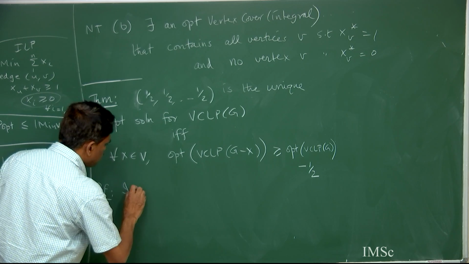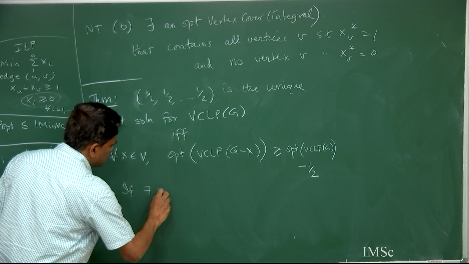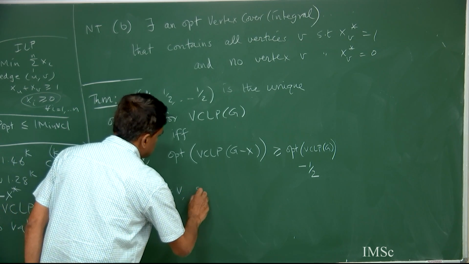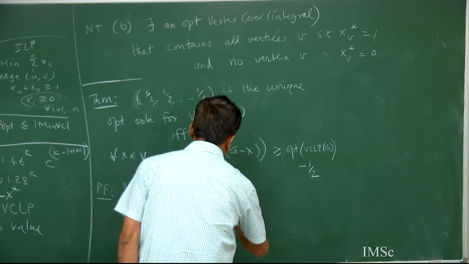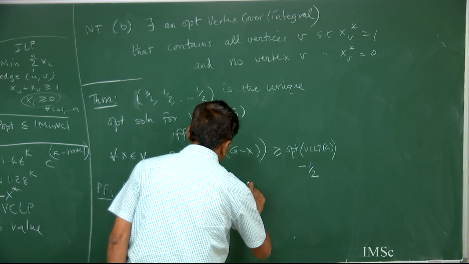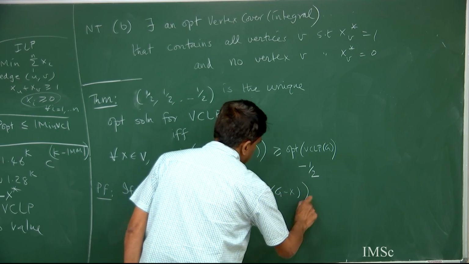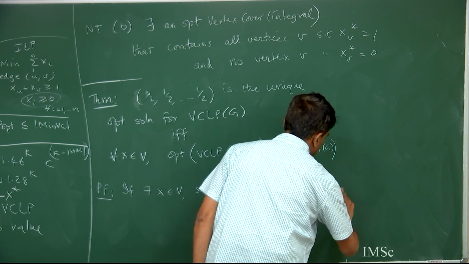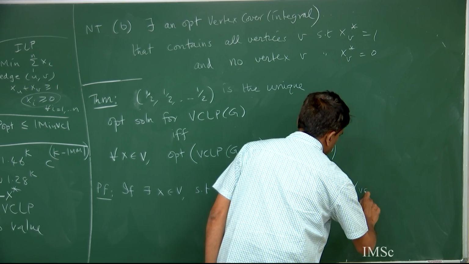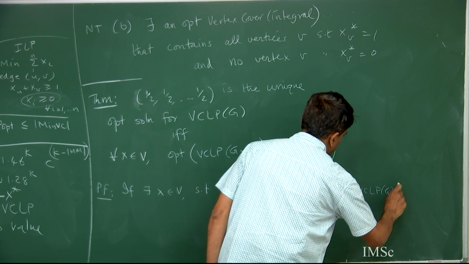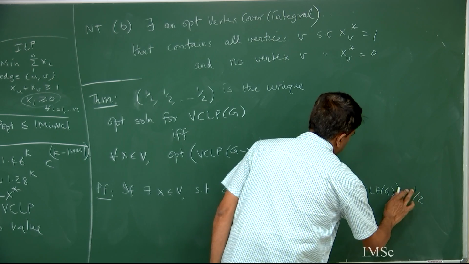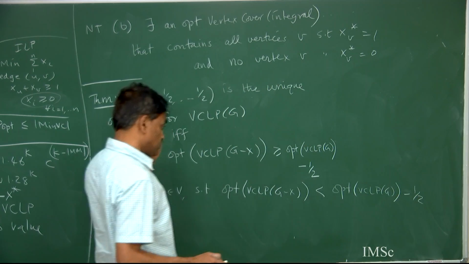Suppose there exists an x in V such that opt of VCLP of G minus x is strictly less than opt of VCLP of G minus half, right.